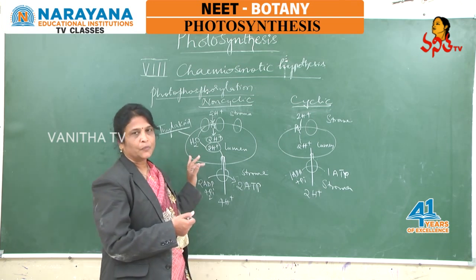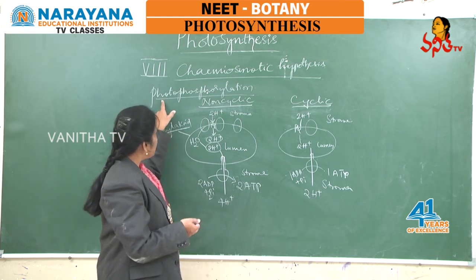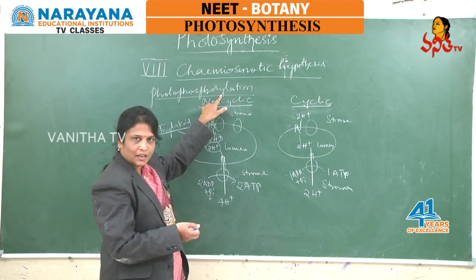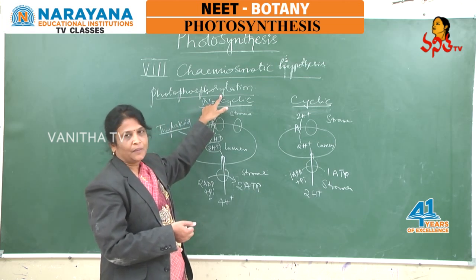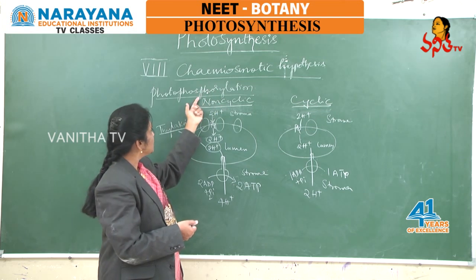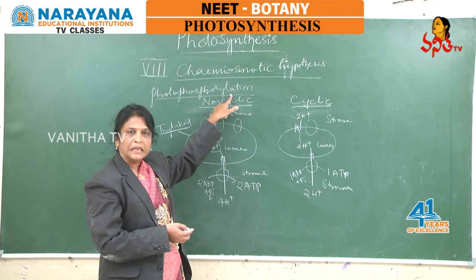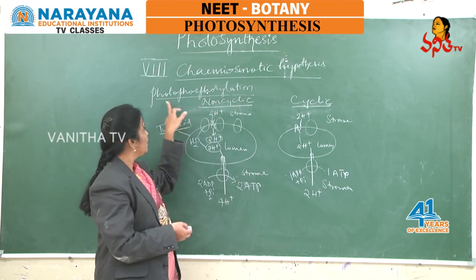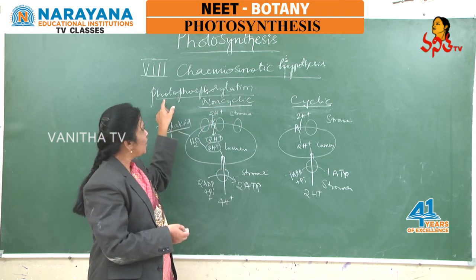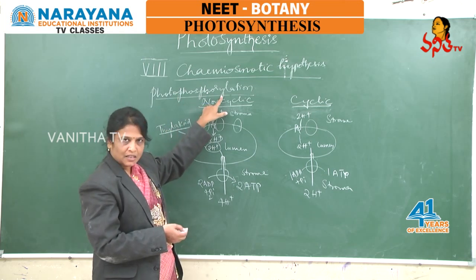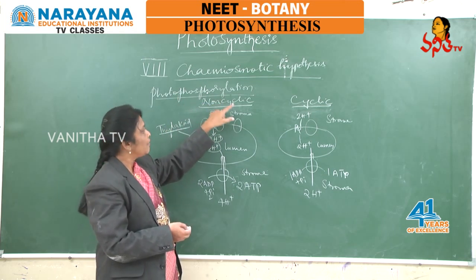We need further explanation for that, which means following photophosphorylation, light induced ATP synthesis. As we analyze this word, phosphorylation means synthesis of ATP by coupling ADP and inorganic phosphate, and photo means light. So light induced ATP synthesis, photophosphorylation, how does it occur?